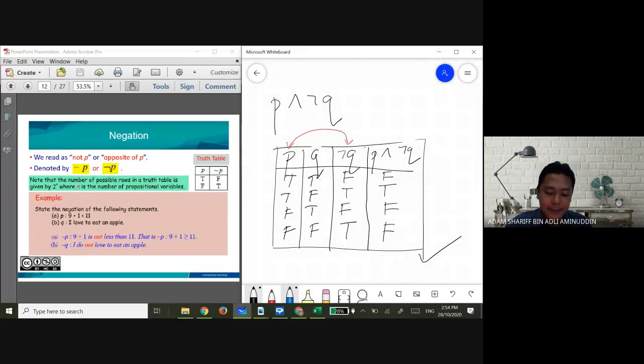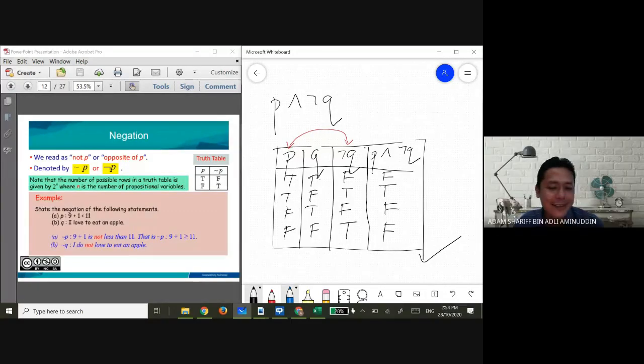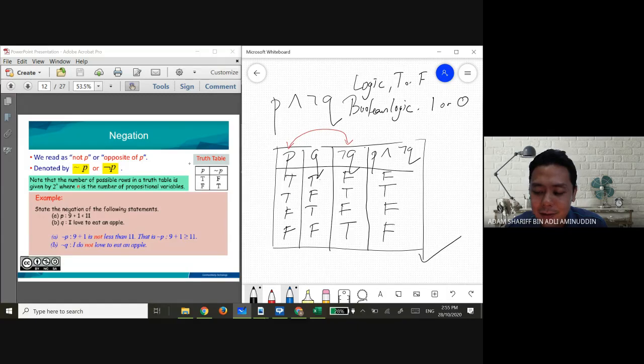But Sir, kalau tiba-tiba terlupa dah nak tulis T dengan F, kita tulis 1010 macam mana? Saya tak mau terima sebab saya tahu. Okay, saya kena jawab juga. Dalam logic, we represent two truth values, T or F. What you say, 1 and 0, is known as Boolean logic, dan Boolean logic is represented by 1 or 0.